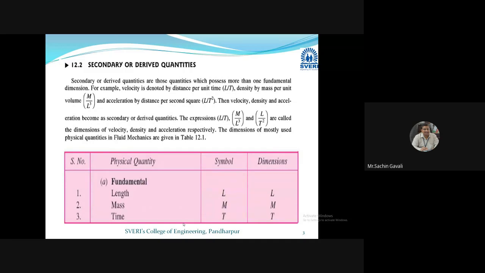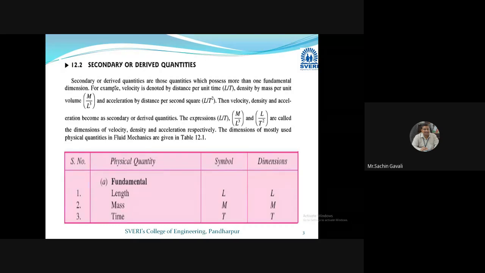The fundamental dimensions are length, mass, and time, or we can say mass, length, and time. Secondary or derived quantities are those quantities which possess more than one fundamental dimension.